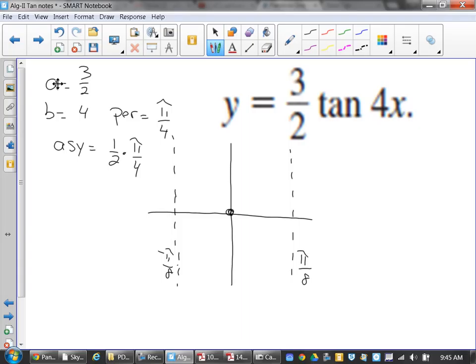Yes, sir. So now, when I go through this one, all I have to do is mark in my 2 halfway points on either side. So what's half of an 8th? 16. So my points here are going to be at pi over 16, negative pi over 16. And what was my A value?